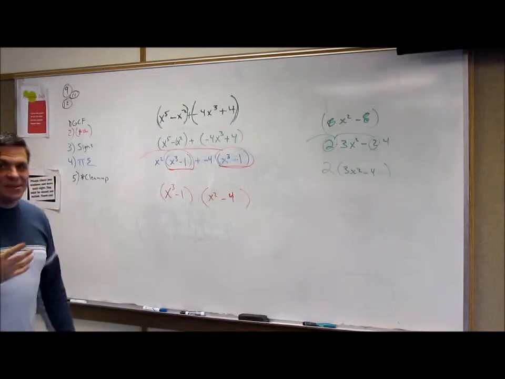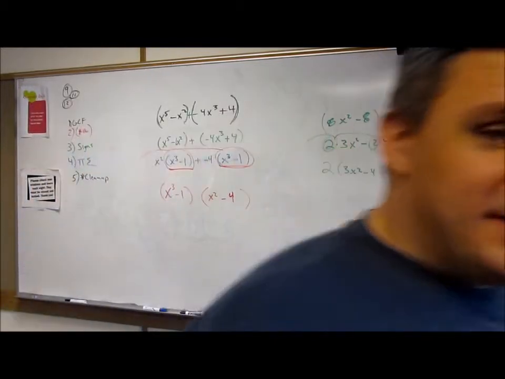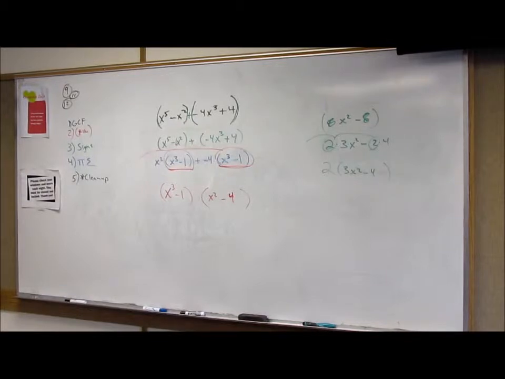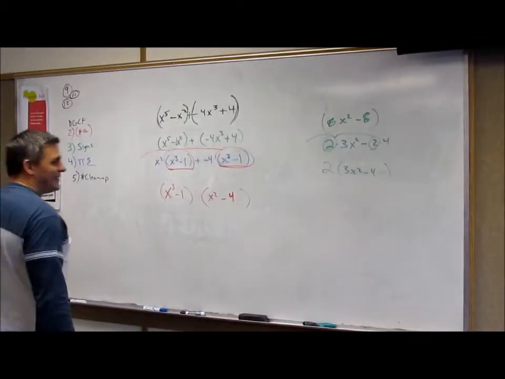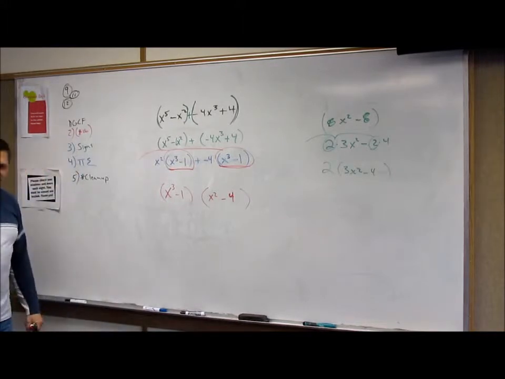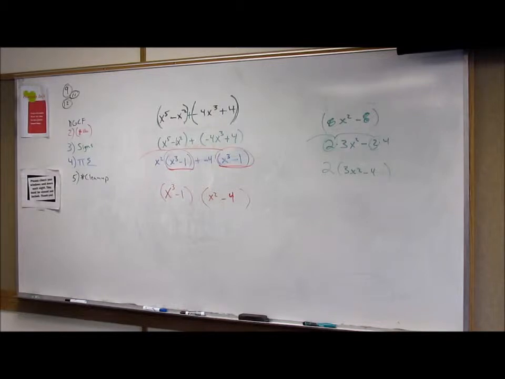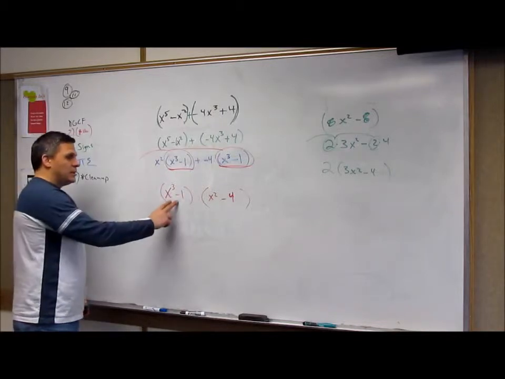Now, how much time is left? Because now we've got two problems that we've never dealt with before. Is the x to the third minus 1, is that squared? Because you have 2 of them on top, right? X to the third minus 1, in the red. Shouldn't it be squared?